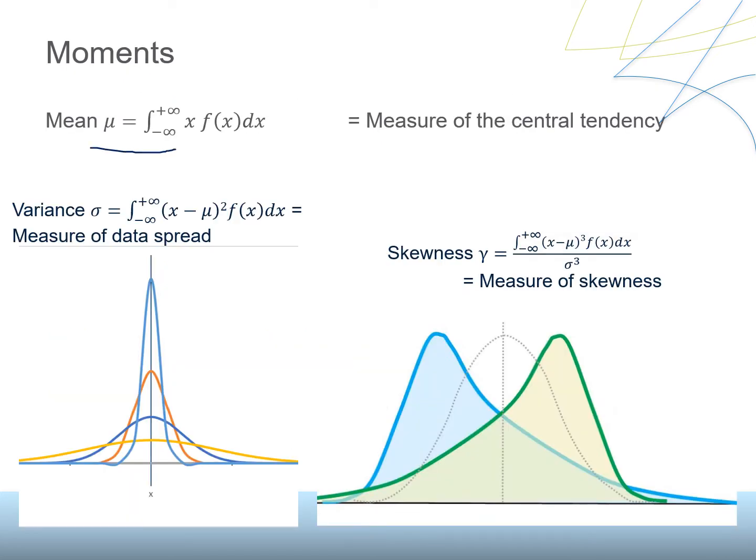So the first moment is the measure of central tendency, which means where the mean is, right? So in your distribution, where the mean is. So you have the rainfall data of the last 100 years and where that mean is. If you have discrete values, you can sum them up, divide by the number, and you get the mean. But for a continuous distribution, if you have the continuous equation, then you use this function to calculate the mean.